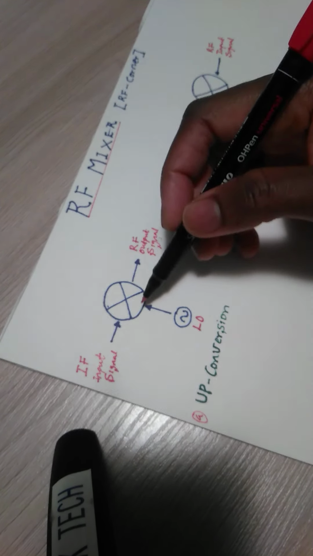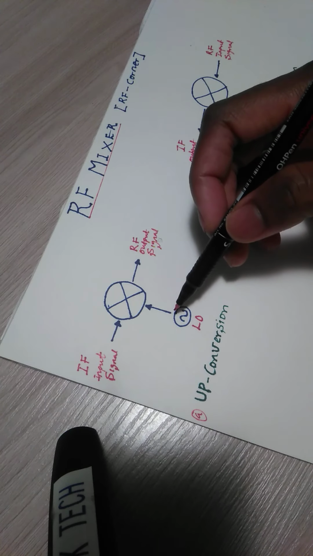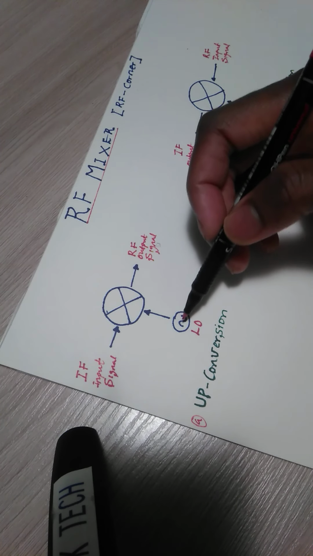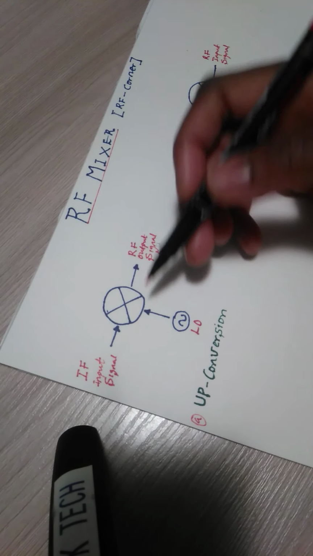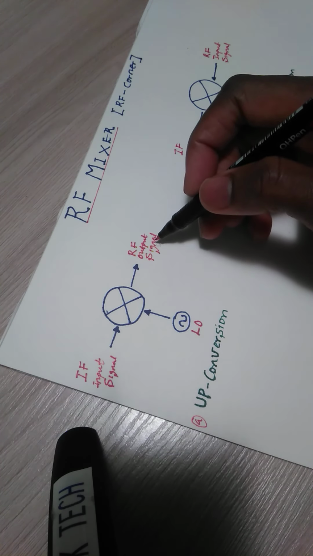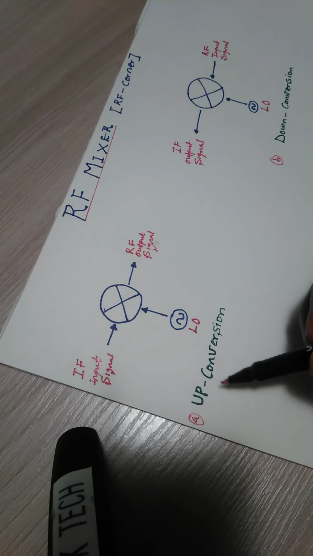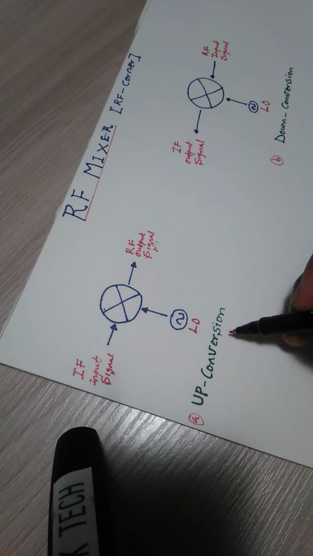So those are the two inputs: one input from intermediate frequency and another signal from a local oscillator. You generate some frequency signal from the local oscillator and send it into the mixer, and you are receiving an RF output signal. This is a case we call up conversion.